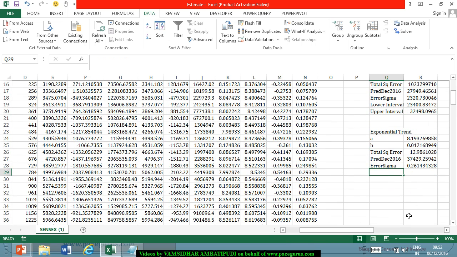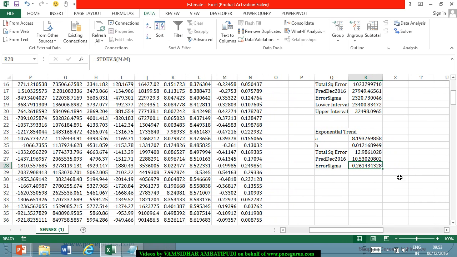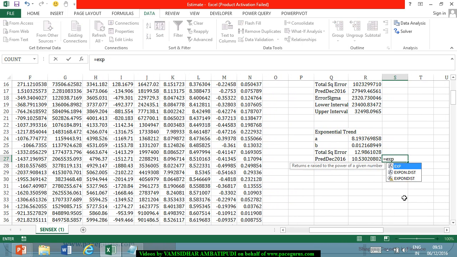Going with this one, actually let me take it without the EXP, because I require the predicted value and the actual value. So here I'll take the EXP in a separate cell.